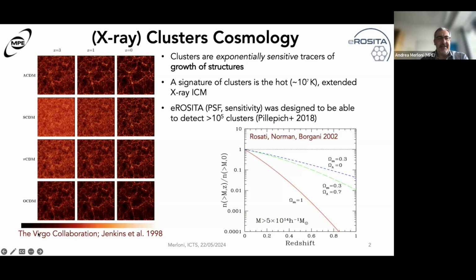And it's encapsulated in this very old picture on the left, which is from a simulation of almost 30 years ago now, of dark matter-only particles sliced at different redshift, showing the filamentary large-scale structure.